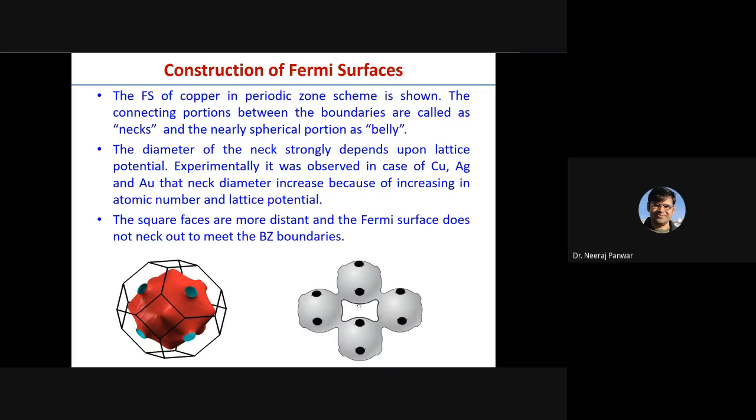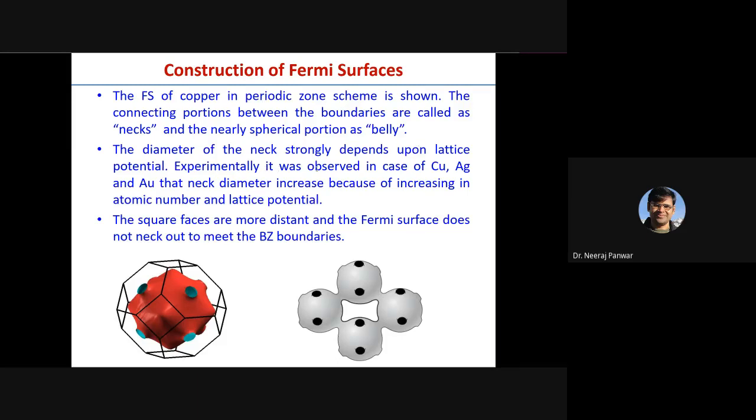So this is the Fermi surface of copper metal. The portions which connect different primitive cells in the reciprocal space are known as necks, and these portions are known as belly. The diameter of this neck strongly depends upon the lattice potential.